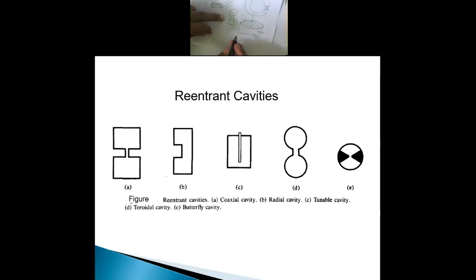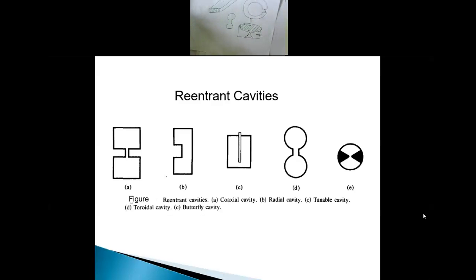If we make a shape inside it, that is called a reentrant cavity. Internally it is open, or we can say it is a simple box that we close, and that is nothing but a cavity. Inside, the cavity is created.